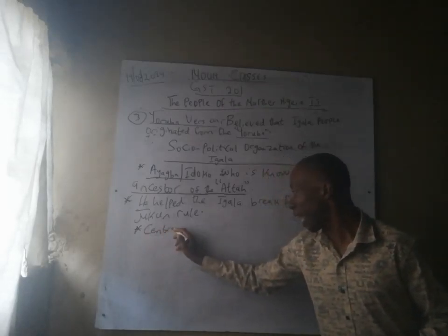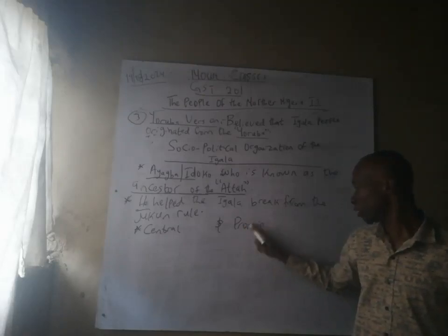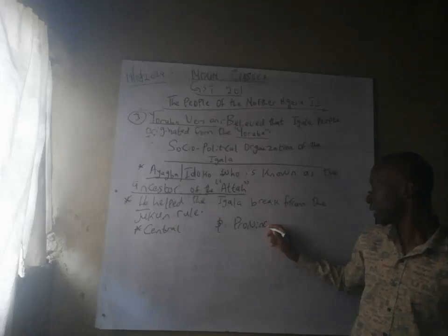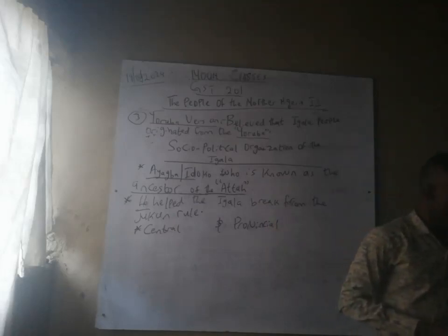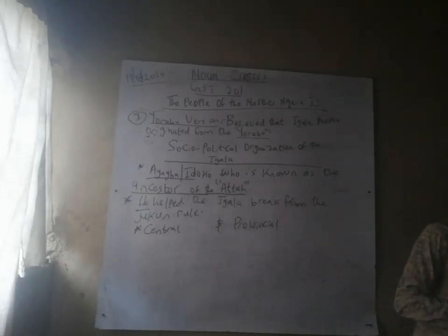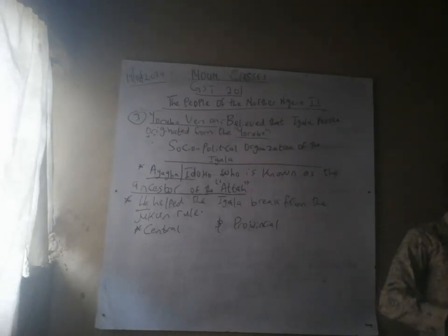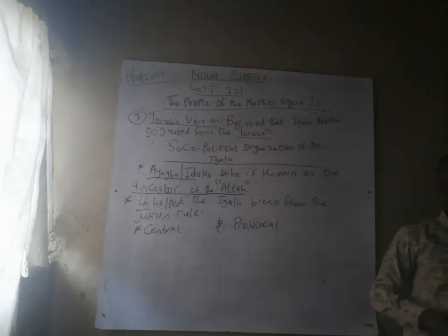We have the central and provincial levels. We have the two types of levels. Alright? And in that arrangement, the Ata was the head of the administration. The council of chiefs and other officials were the head of the provincial level.